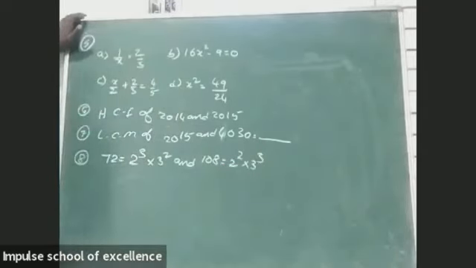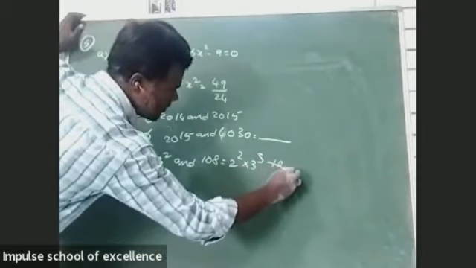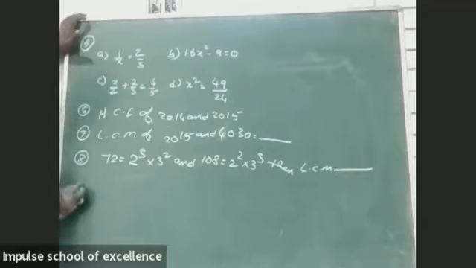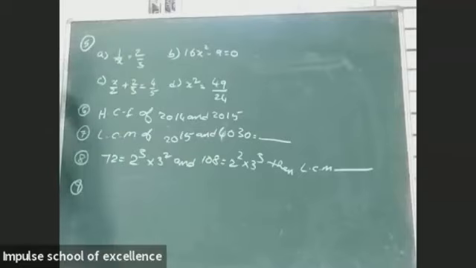Then their LCM is equals to dash. 2 cube into 3 cube. Next, you should tell in exponential form.